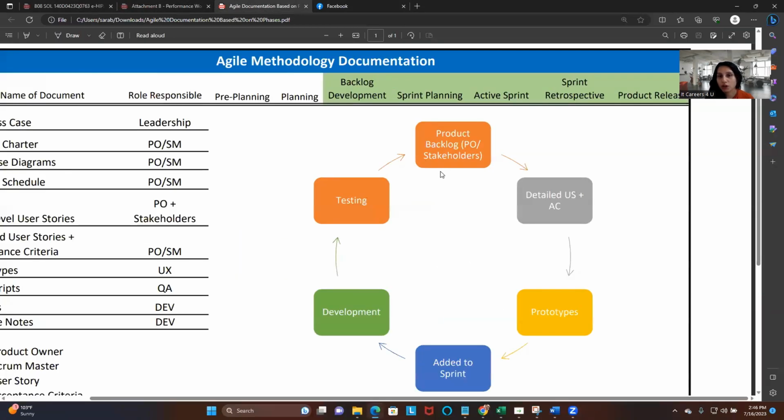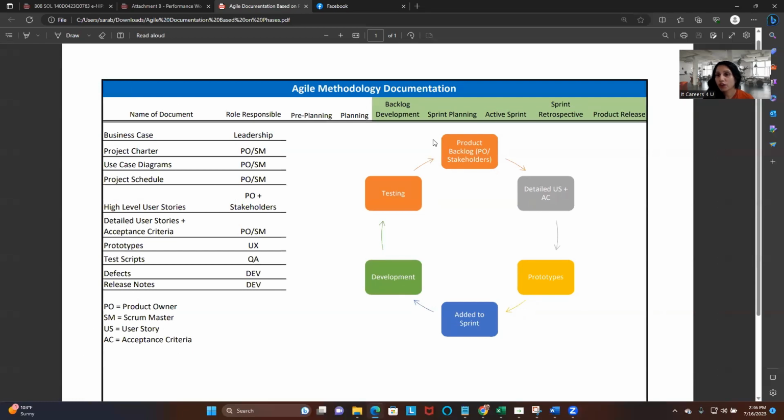So generally, as you know, Agile in itself is very iterative, right? So we generally have a product backlog of requirements. From our product backlog, things that are highly prioritized go into the sprint backlog. The sprint backlog holds the key user stories that we complete in 2 to 4 week sprints, depending on how your organization has them.